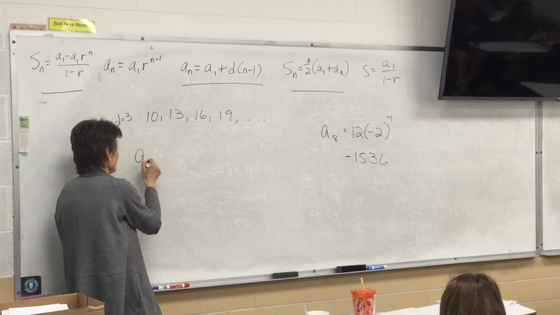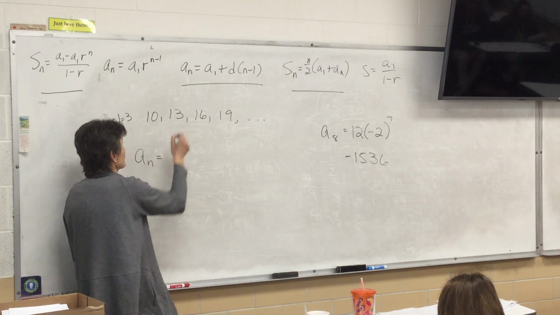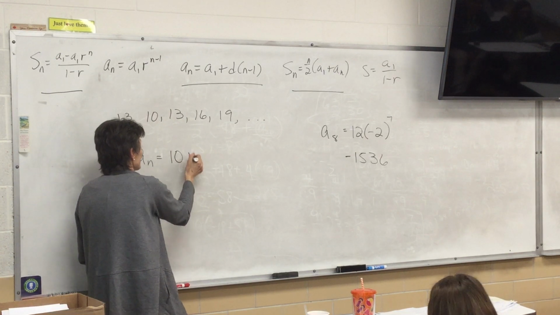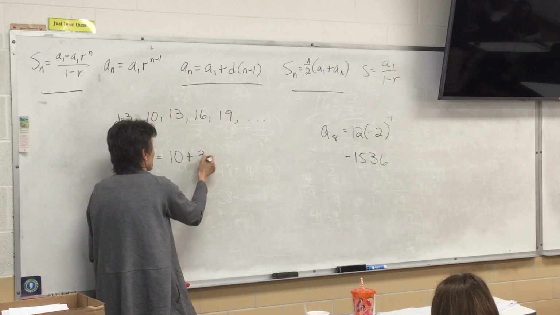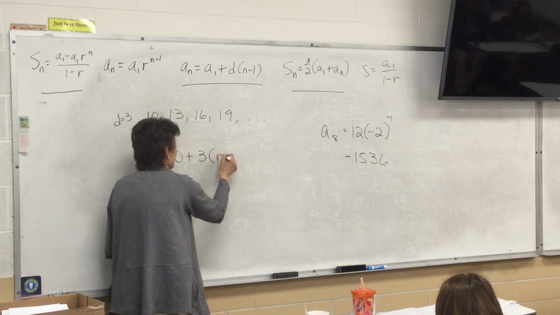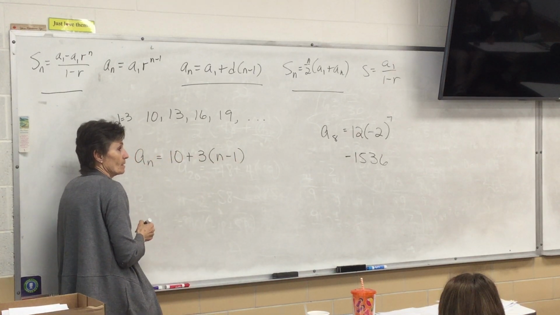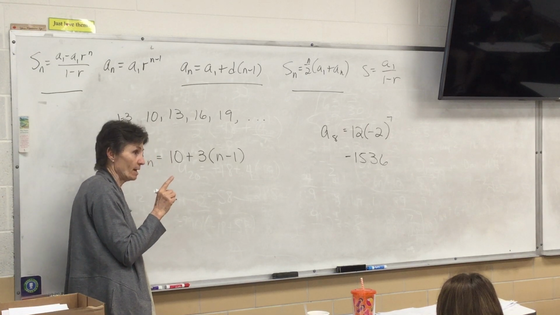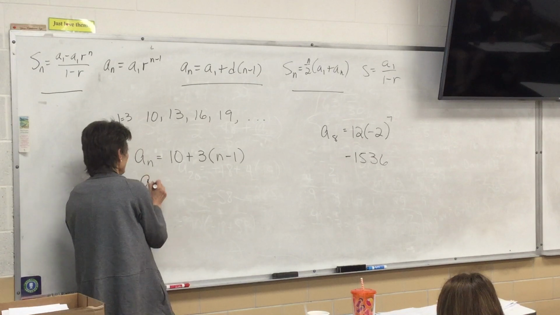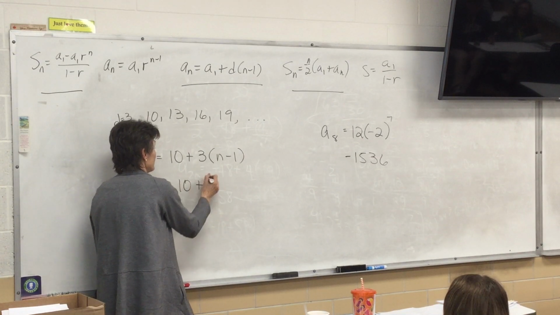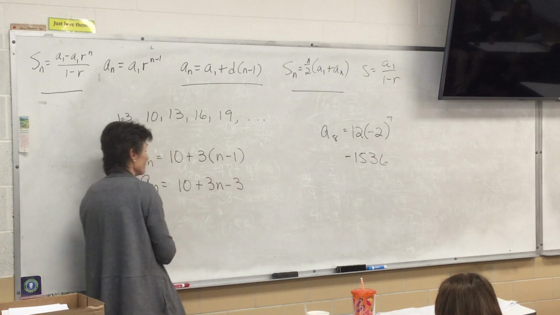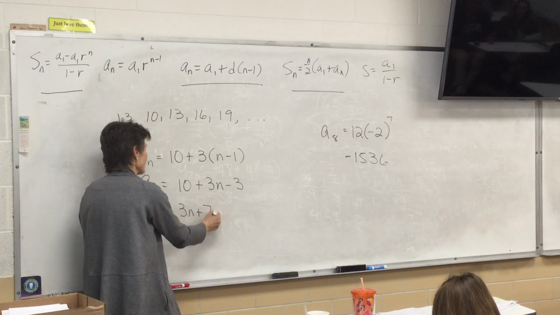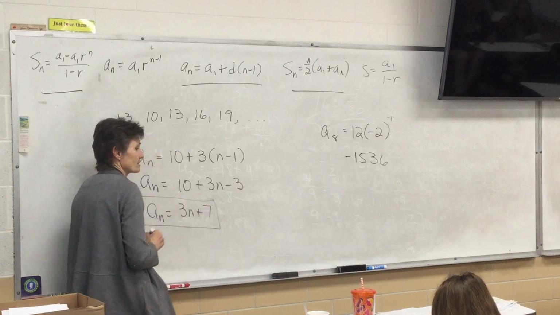So A sub n equals the first term, which is 10, plus the common difference, which you said was 3, times n minus 1. Remember, we're not coming up with a number this time, we're writing a formula. So our formula, if I clean it up by doing the distributive property, is 3n plus 7. Here it is.